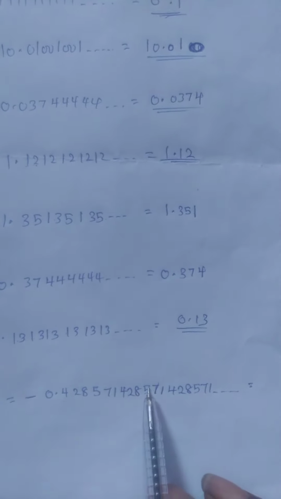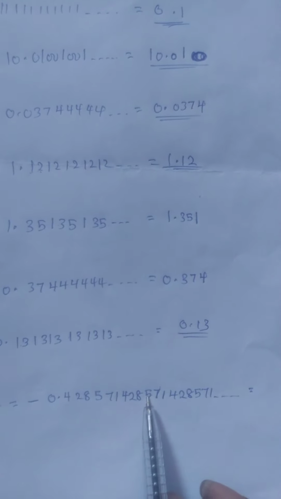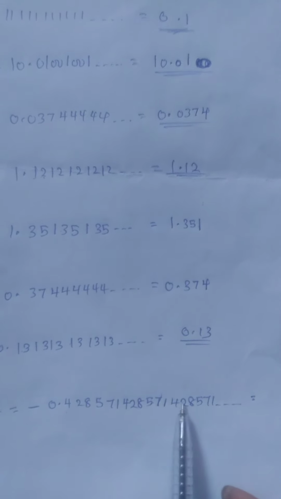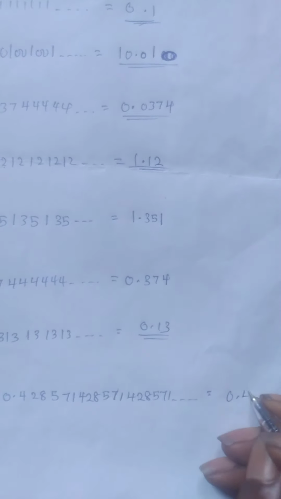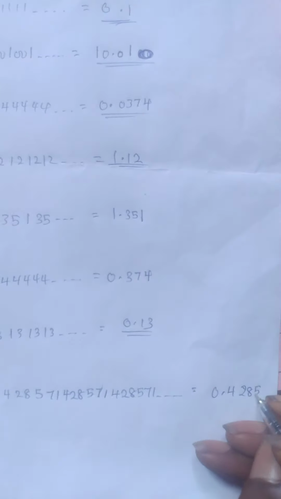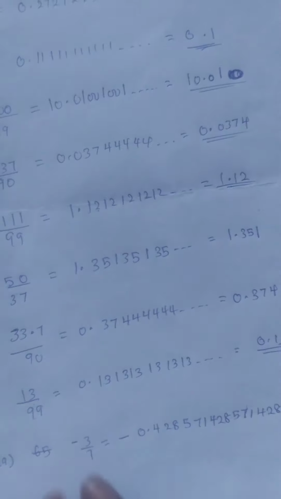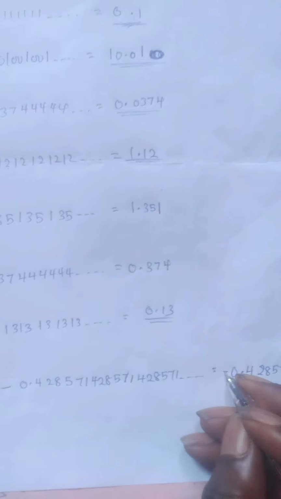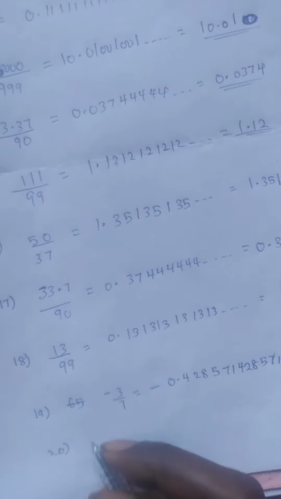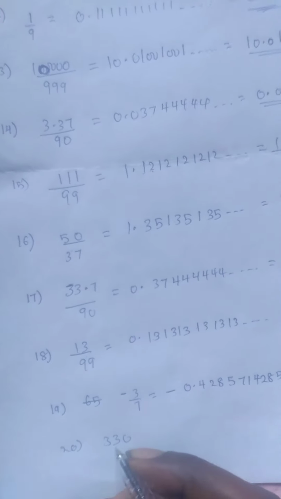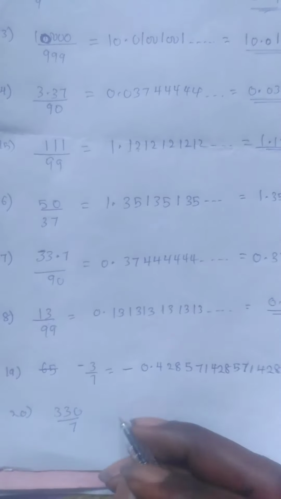Your calculator changes this to 6, instead of writing 571 again, so we just select minus 0.428571.